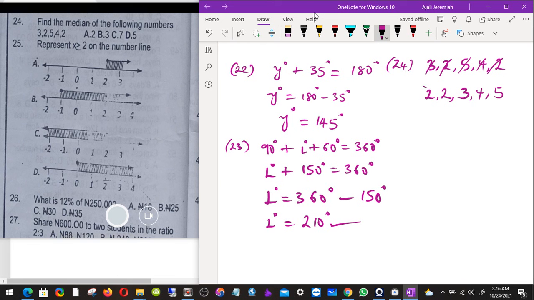So looking for the middle number, this takes care of this, this takes care of this, so the middle number is 3. So the median is 3.